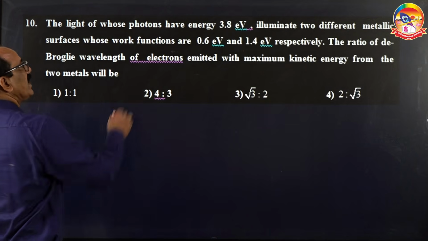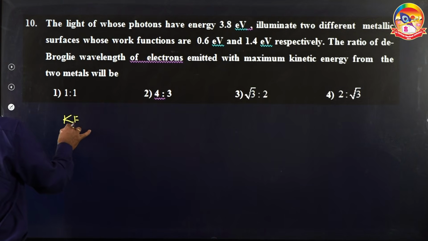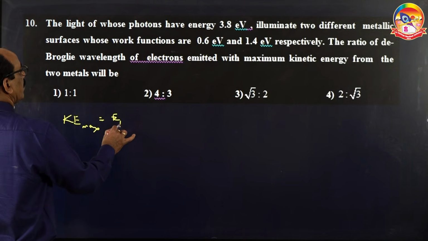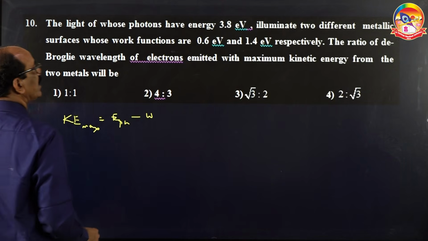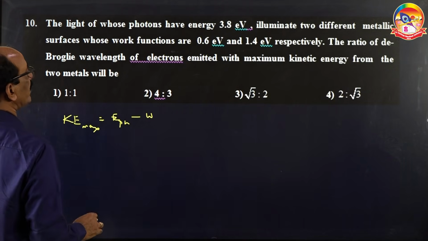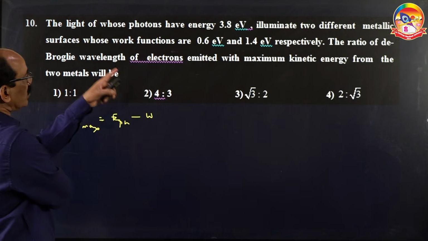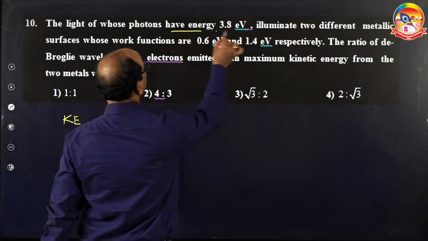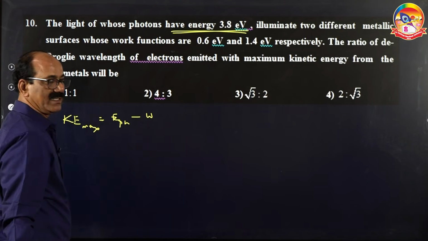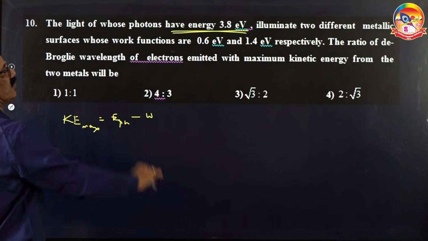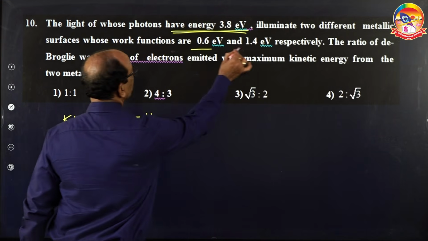So the maximum kinetic energy of the photoelectrons is equal to the energy of the photon minus the work function. There are two different metals; light of photons of the same radiation is made to be incident on two different metals. So the maximum kinetic energy changes though the photons have the same energy, because work functions are different.